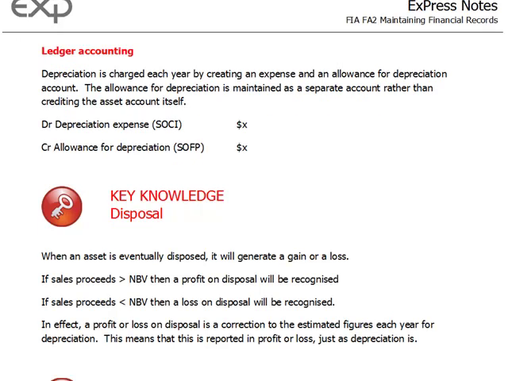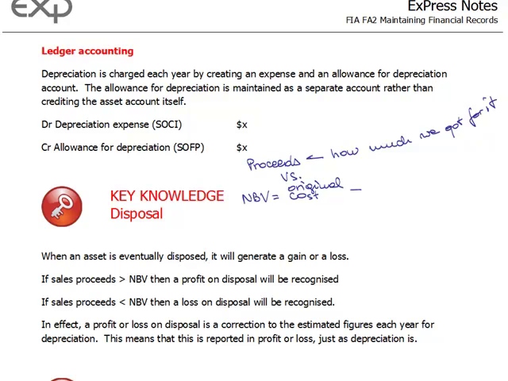Now, when we sell a non-current asset, there will be some entries involved as well. Every time we sell a non-current asset, the proceeds from sale, which is basically how much we got for it, will be compared against something that is called net book value. And net book value at any point in time is the original cost minus accumulated depreciation.